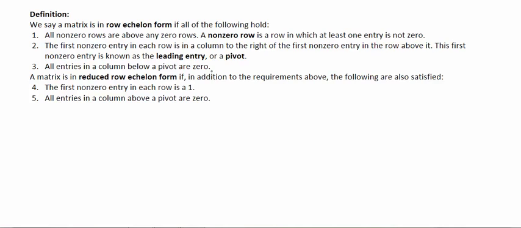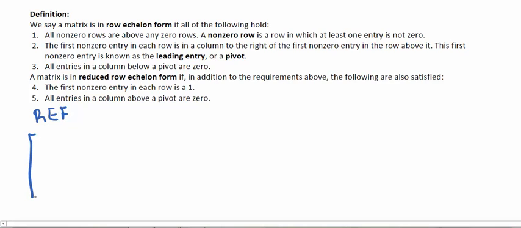So the first non-zero entry is known as a leading entry or a pivot, and it's basically saying these pivots should stair-step down and to the right. 3, all entries in a column below a pivot are 0. So if I just deal with row echelon form first, let's give a few examples of these properties.